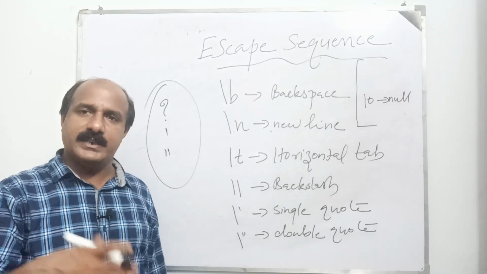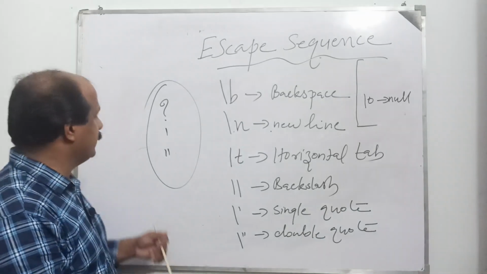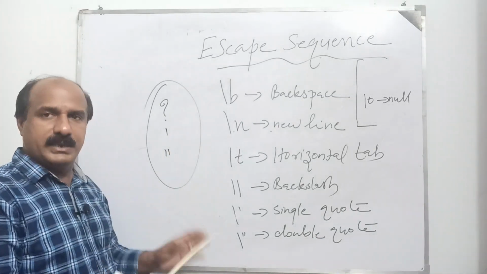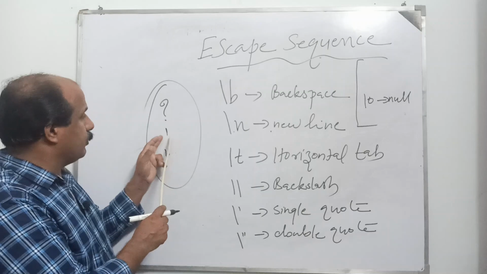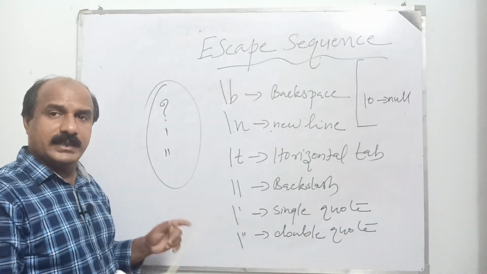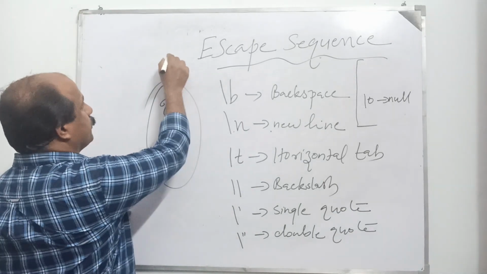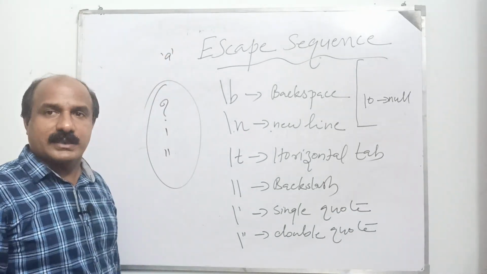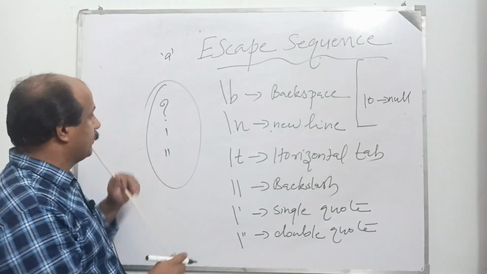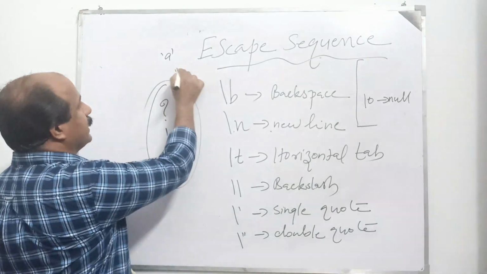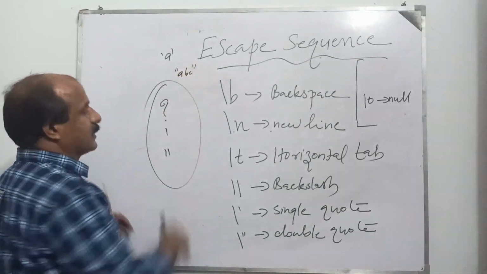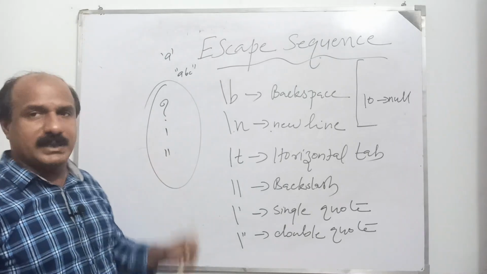If you write a question mark, there is a meaning in Java. If you write a single quote, it is used for representing character literals. If you write double quotes, it is used for writing string literals. So these have meaning.